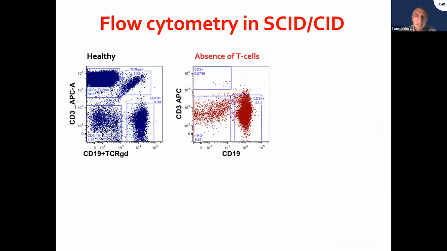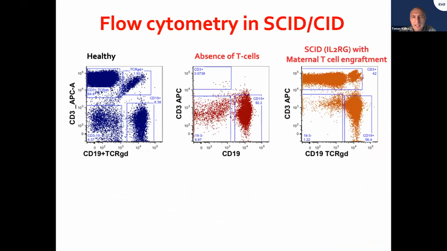So in the most severe cases like SCID and CID, in comparison to healthy, you see a clear absence of T cells. This is easy, and this is where flow cytometry was always very good in making a very fast assessment of absence of T cells. So this is still true.